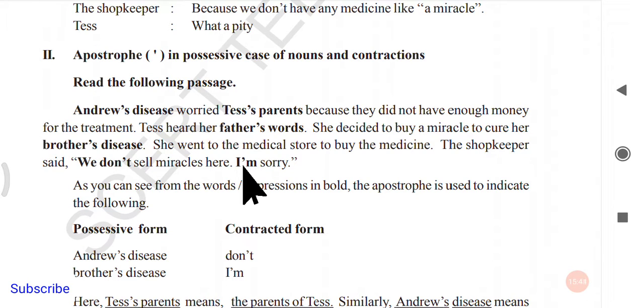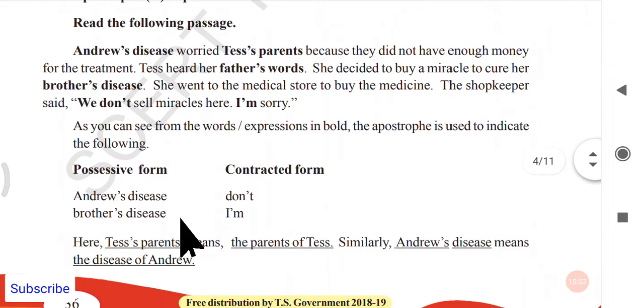Concising. Next, as you can see from the expressions in bold, the apostrophe is used to indicate the following. Let us see what they are. First one, Andrew's disease, meaning the disease of Andrew. In Telugu we call it "yokka", Andrew yokka. Whatever the word "yokka" is there, we keep it as an apostrophe in English.